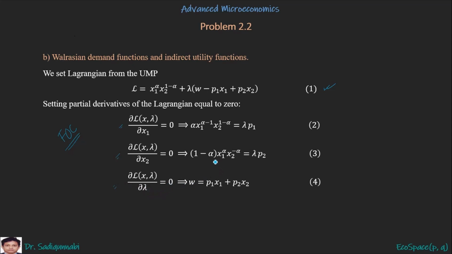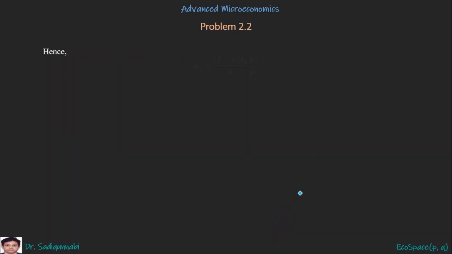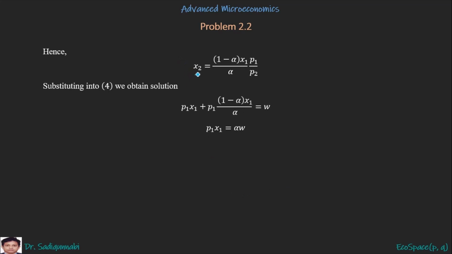So dividing 2 by 3, we get this equation. From this equation we get x2 equals this. Substituting this x2 into 4, that means the budget function, we get the value for x1, which is this one.